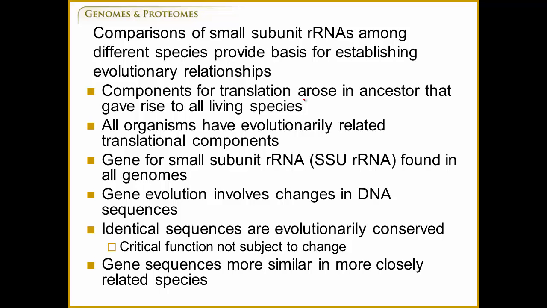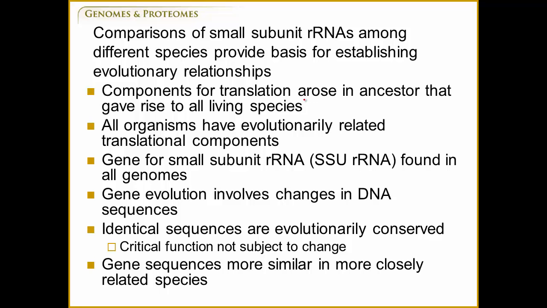It arose many, many years ago as we were establishing evolutionary relationships. The original ancestor containing this translation machinery was the progenitor of all living things. We talk constantly about the tree of life. At some point there was an original organism that set up the rest of the evolutionary tree.